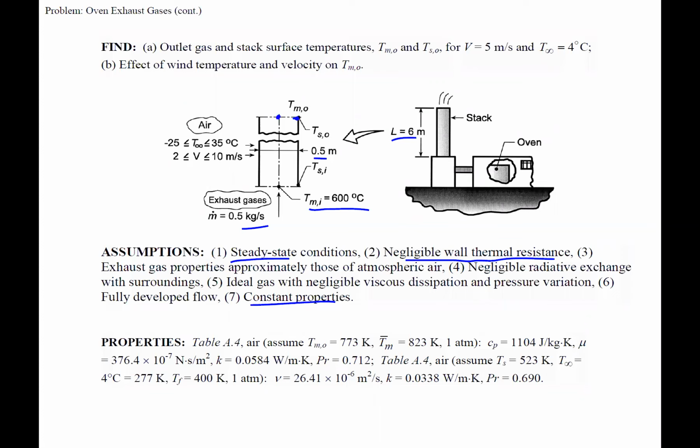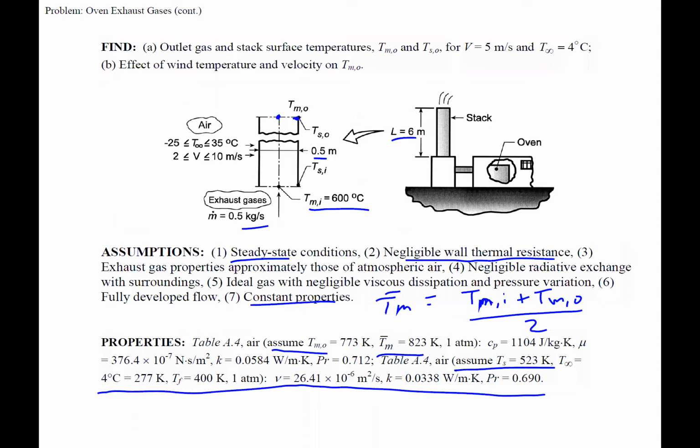So we have some down here, we see some properties. They're again assuming an outlet to get a mean, right? Because you've got to average the inlet and outlet, okay, and you get your mean. The other thing we see is there's a whole other set of values calculated, and that's because we have external flow also.